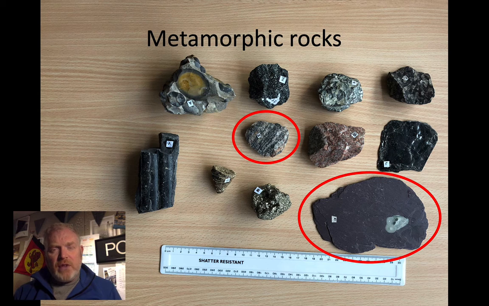It's why in the gneiss, H, you can see bands of different coloured minerals, because those different coloured minerals have been aligned. Both of these are a result of the pressure that these rocks have been under. There have been different amounts of temperature as well. H, for example, has been formed at a much higher temperature, maybe 700 degrees, than specimen U, slate, which may only be formed at maybe 250 degrees.